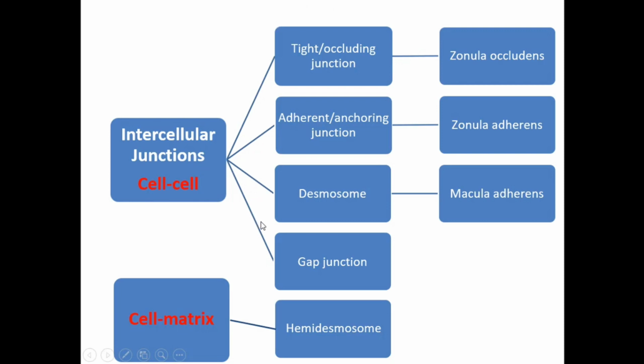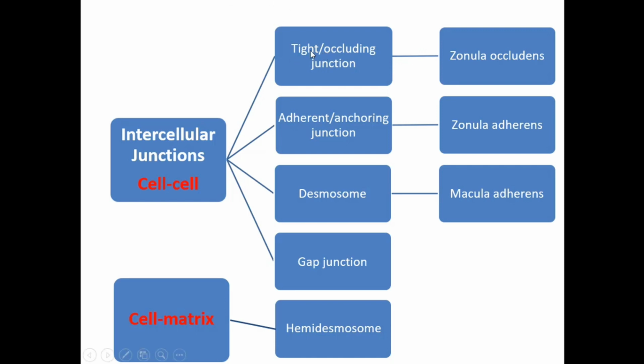You can see some of these junctions here between the two epithelial cells. We also have these kinds of junctions in other, non-epithelial cells, but they are particularly numerous and prominent in epithelial cells.